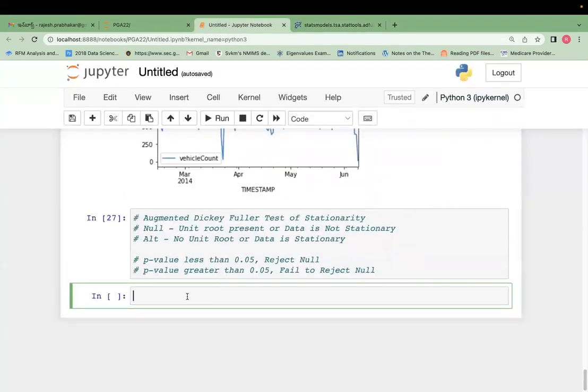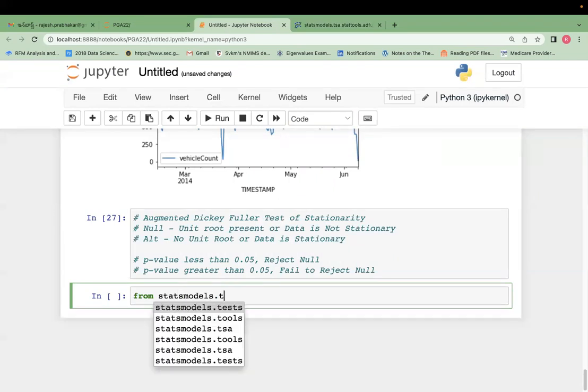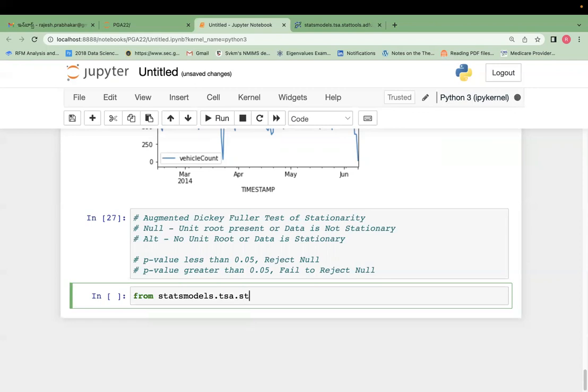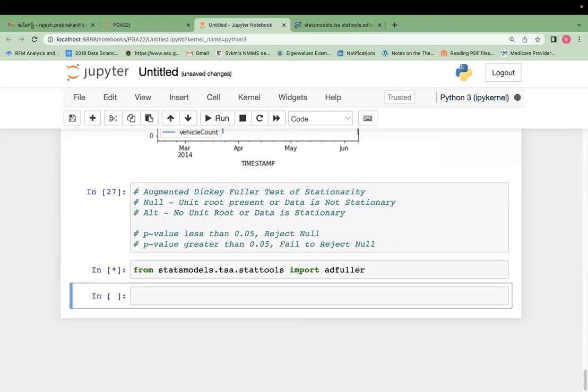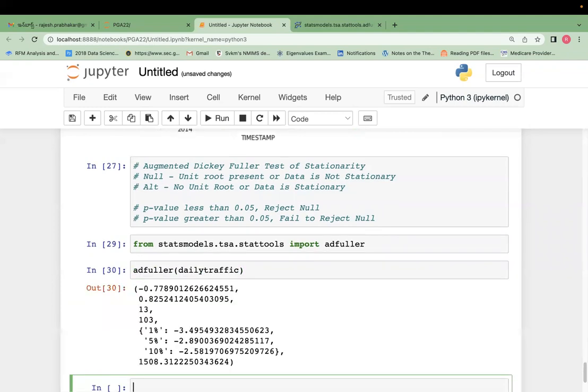So from statsmodels dot tsa dot stattools import adfuller. adfuller daily traffic.